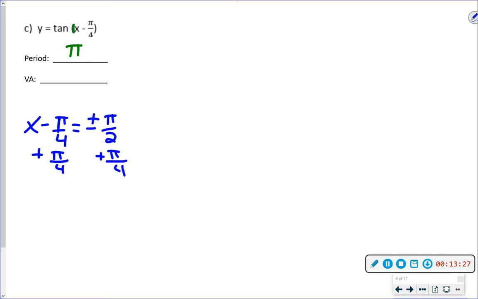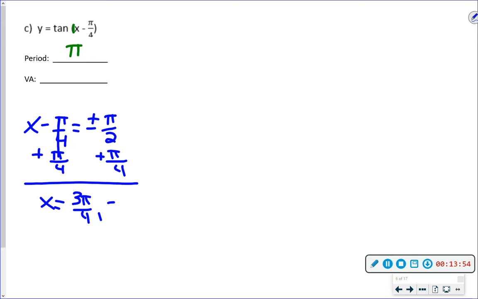Little fraction work. I'm going to do positive 1/2 plus a quarter. What's a half plus a quarter? 3/4. What is negative 1/2 plus a quarter? Negative 1/4. How's our fraction work here?